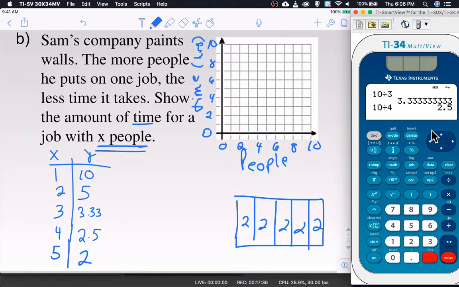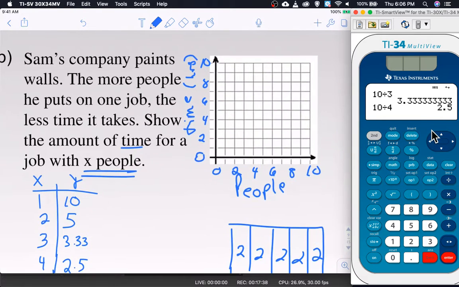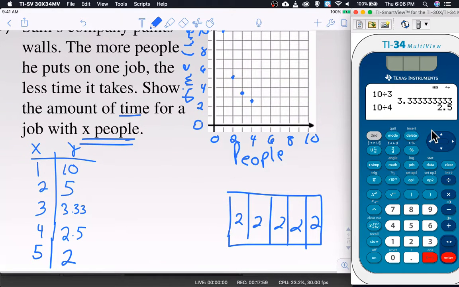Well, check out when we graph this table. So the first one is 1 person, 10 hours. 2 people, 5 hours. 3 people, 3.3 hours. 4 people, 2.5 hours. The one down here is 5 people, 2 hours.